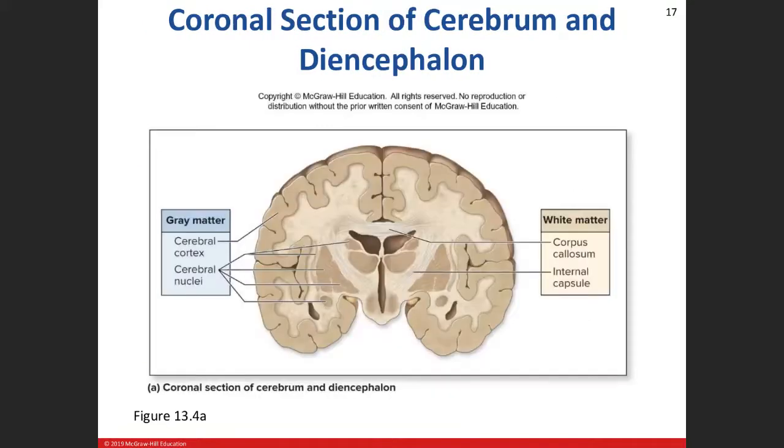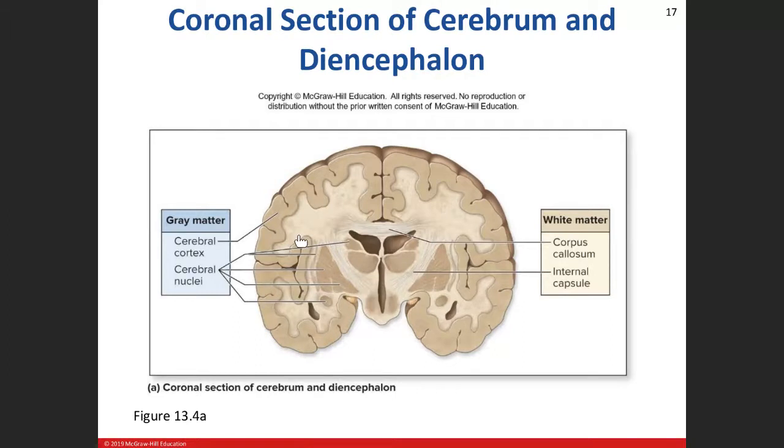I love pictures. This picture here is way better than my old slide because you could barely read any of this. I know it doesn't look gray here, but it looks kind of like a tannish color. So that's going to be your cerebral cortex, and that's that superficial area. Then deep to that, that's where our white matter is.